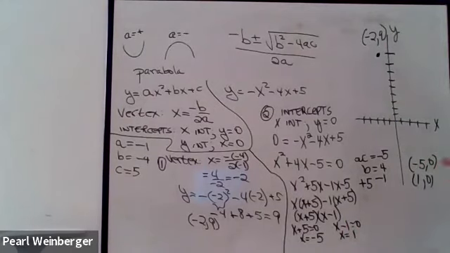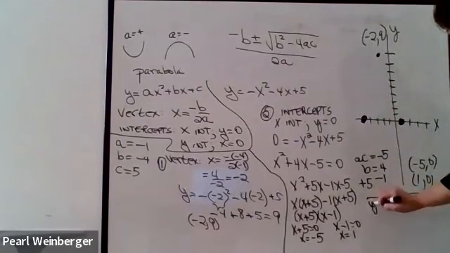Remember, when you have an x-intercept, the y value is 0. So here, 1, 2, 3, 4, 5. Here's one x-intercept. And here's my other x-intercept right here at (1, 0). To find the y-intercept, we let x equal 0.